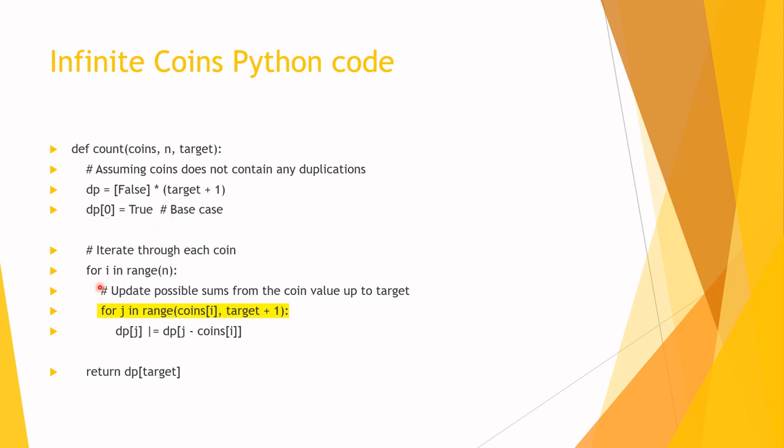We are iterating two for loops: for i in range n, that is i from 0 to n minus 1, that will go through all the coins, and j, which will go from coins of i to target. And this is the formula that we'll be applying at each inner loop, and we return dp of target.